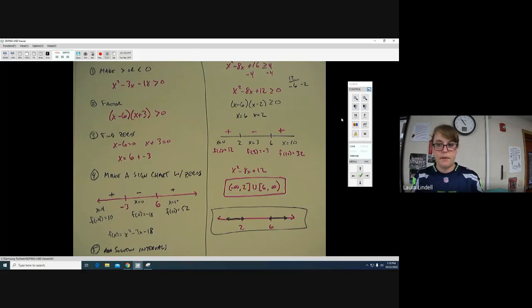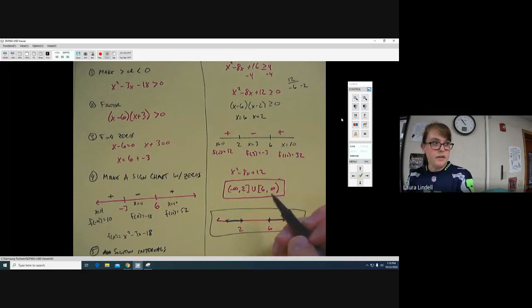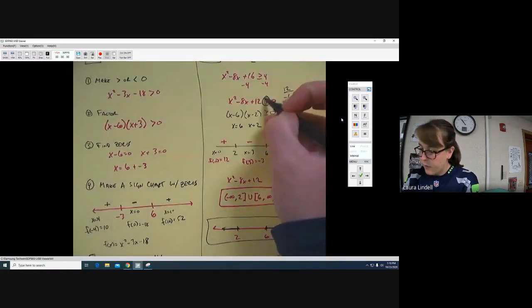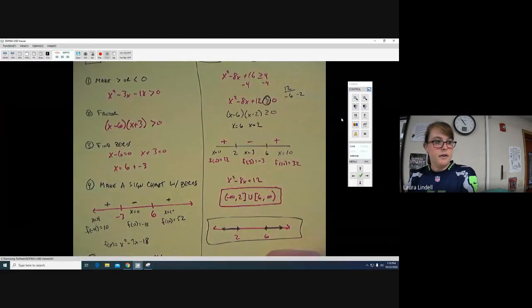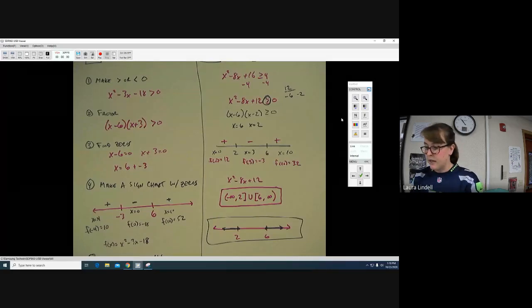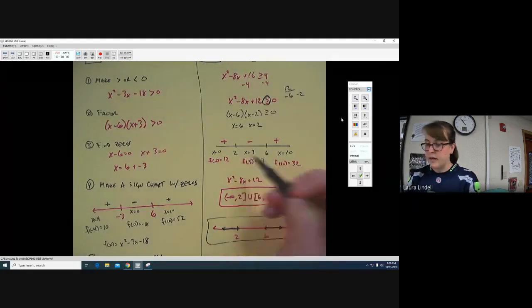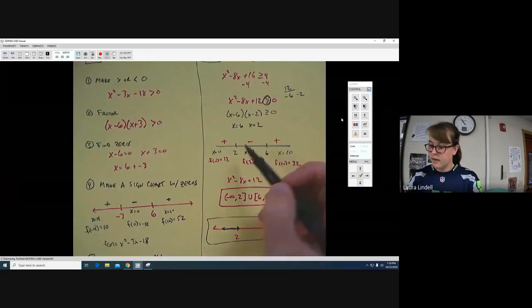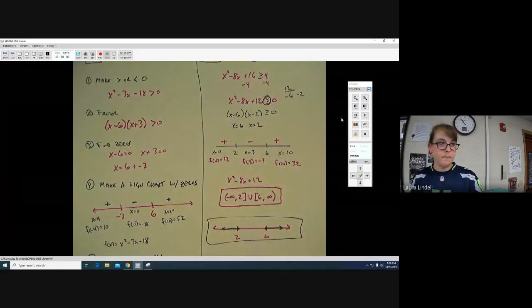Okay. How come the intervals include 2 and 6? Good question. That is all down to this. We have greater than or equal to. So they're included if we have a greater than or equal to or a less than or equal to symbol. Since 2 and 6 are the zeros of the function, they're equal to 0, and that's why they're covered in that "or equal to" bit.